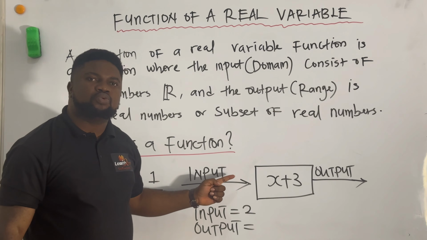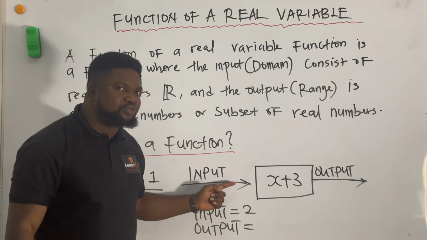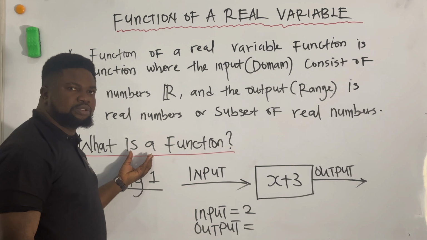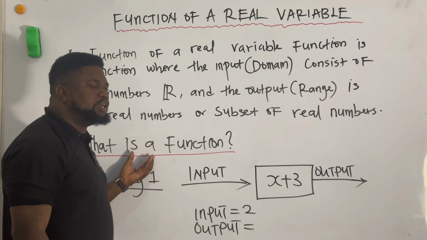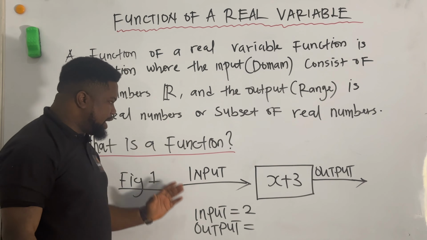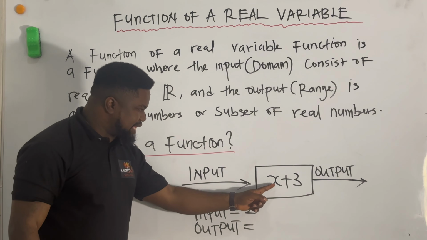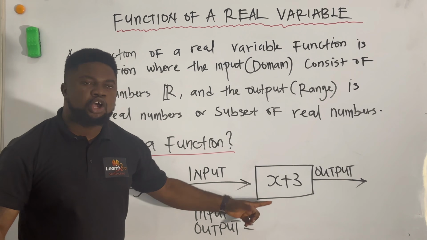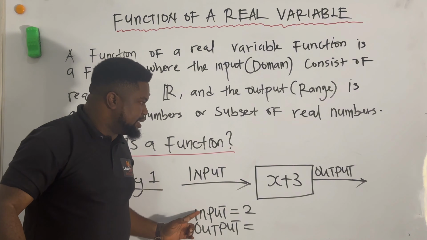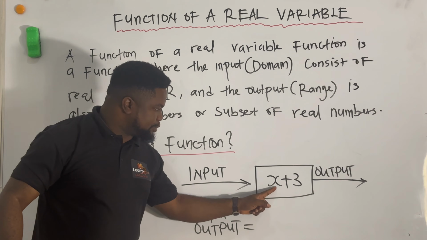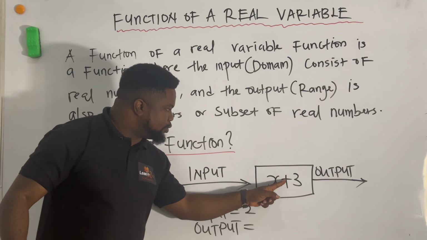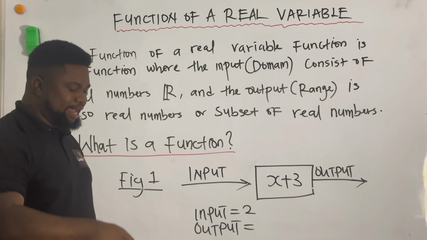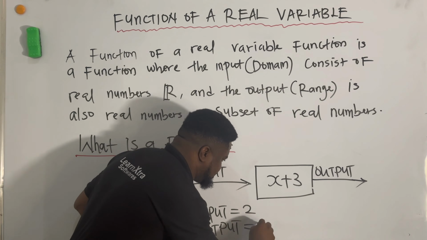What do we do to get the output? We apply the rule given by the function. A function is just a rule. So the rule here says any input that enters here, x, add 3 to it. Since 2 enters, x becomes 2. I want to have 2 plus 3. My output is going to be 5 because 2 plus 3 is 5.